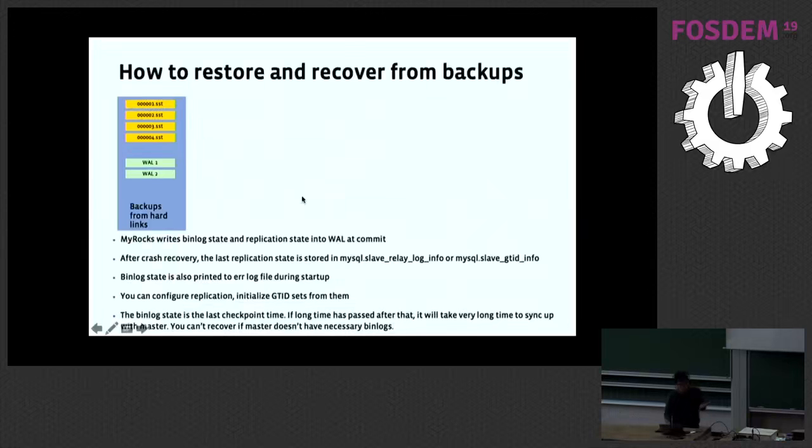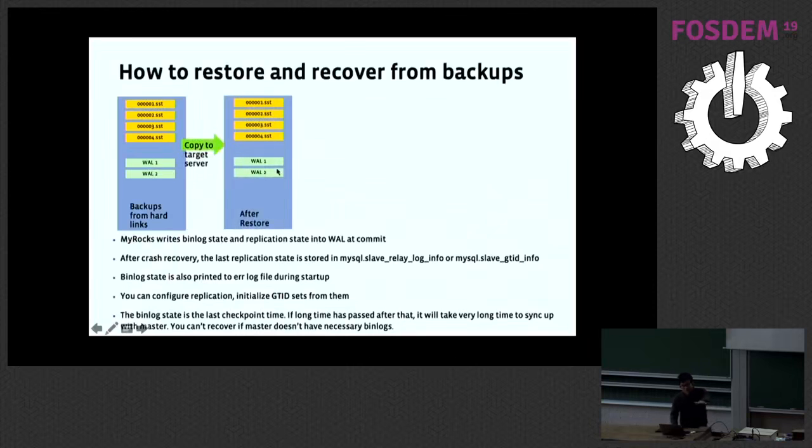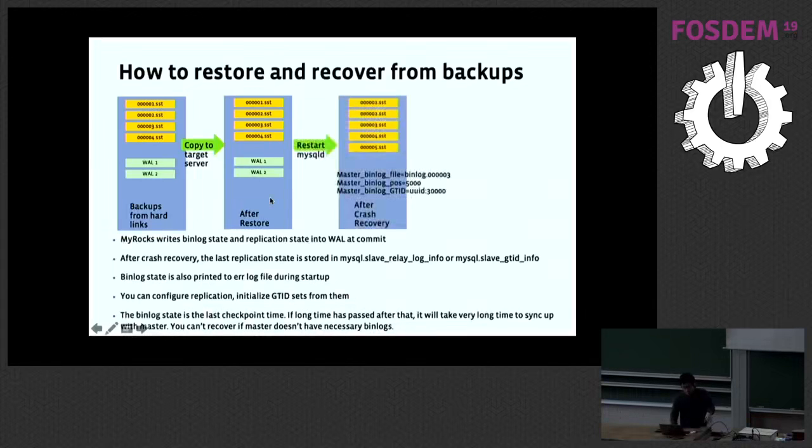Here are the steps to restore. Once you take a backup, you copy the files into target servers, remote destinations. After copying the files, you start the instance. After starting the instance, MyRocks internally stores the binlog state and the replication state, like the master binlog file name, position and GTIDs.